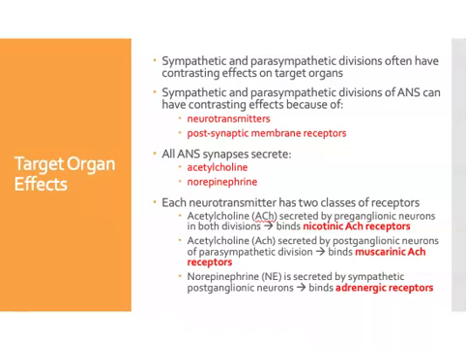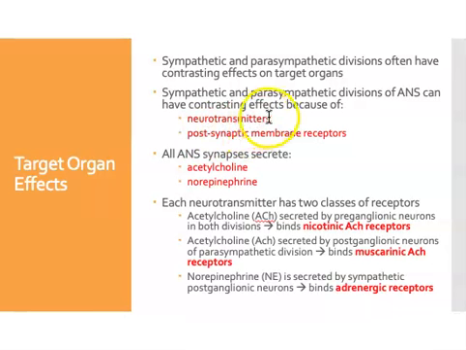Now, the reason that sympathetic and parasympathetic divisions are able to have very different effects on the same organ is because of two things: different neurotransmitters in both divisions and different postsynaptic membrane receptors.